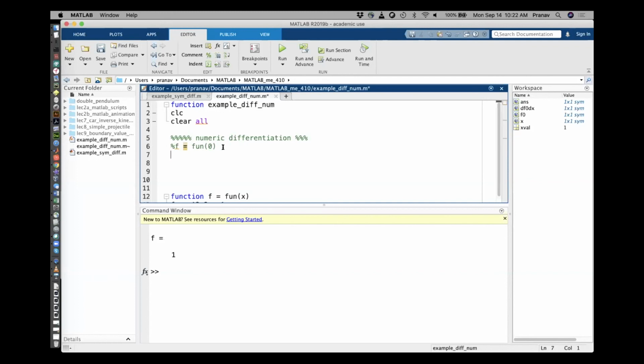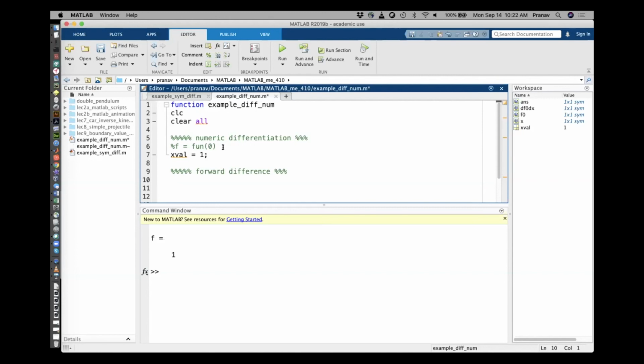Okay, so let's now find the numerical derivative at x value equals 1. First we'll find the value using forward difference. For forward difference, I need to define just two values.